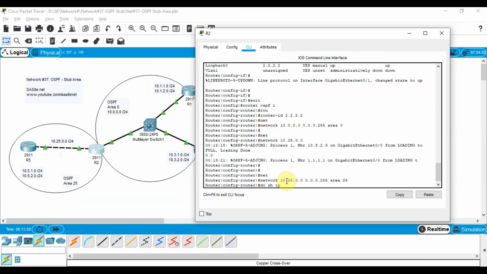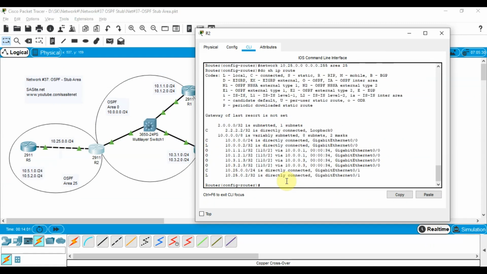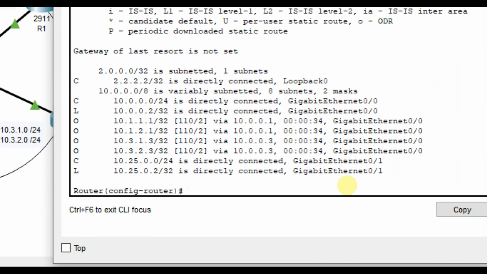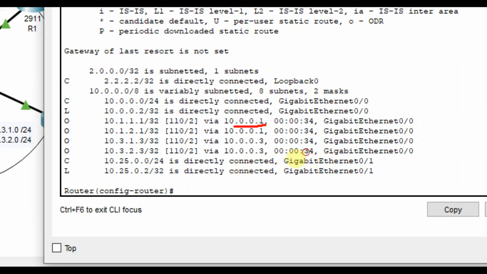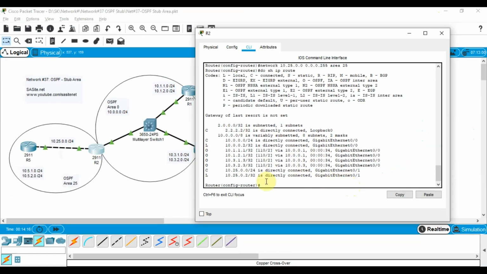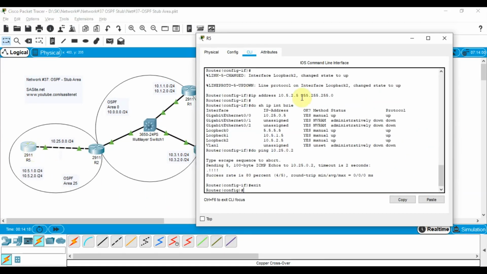Cool. Do show ip route. What we have, we learned some OSPF routes from router 1, which are networks 10.1.1 and 10.1.2. Also, we learned about the networks behind R3. Okay, that's good. So now let's go to R5 and do the OSPF configuration.